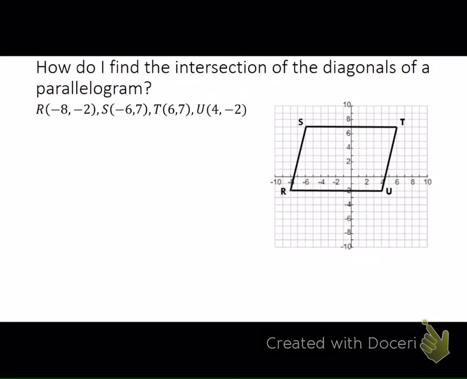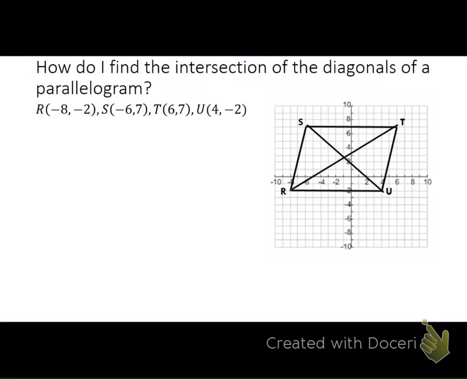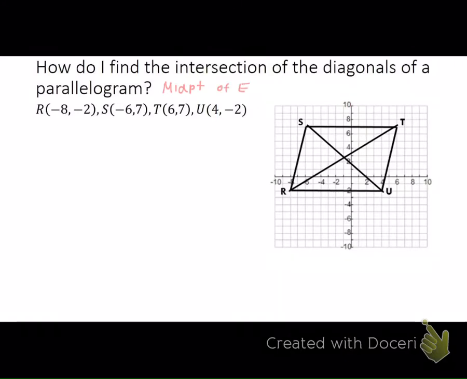So how do we find the intersection of the diagonals of a parallelogram? Well, the intersection is going to be the midpoint of those pieces. So we are going to do the midpoint of each diagonal.